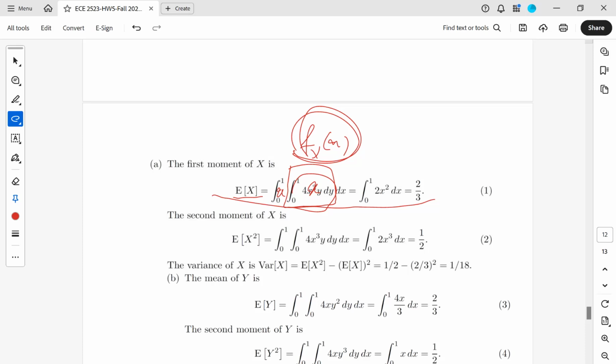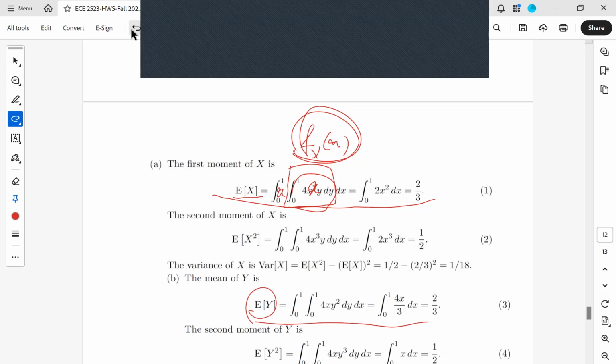Same process goes for the expected value of Y. We could integrate over x and find the f of y, and then calculate y f of y. Or, like I show here, we could merge these two steps and integrate values of y times that integral. So pay attention to these two. Let me go back.